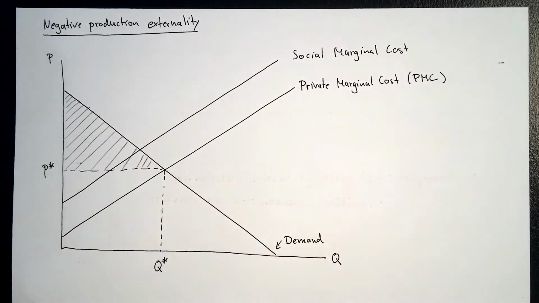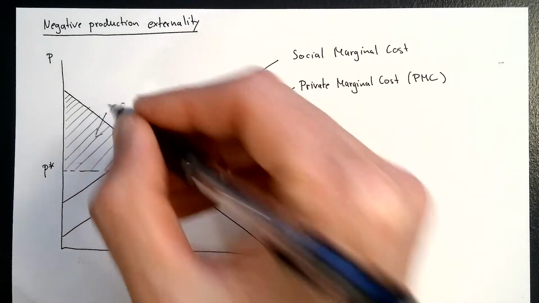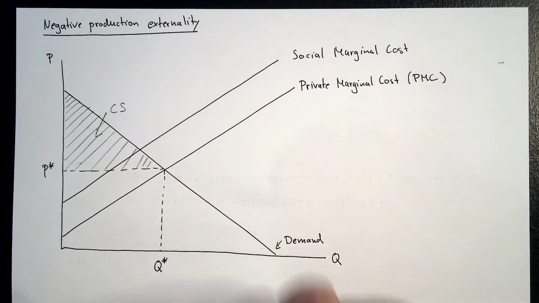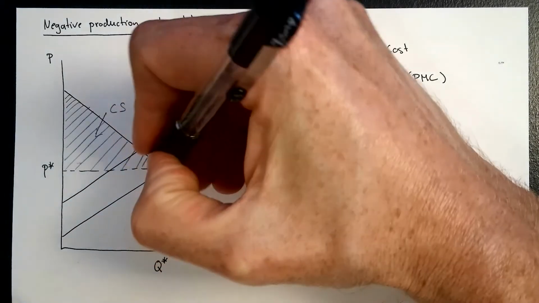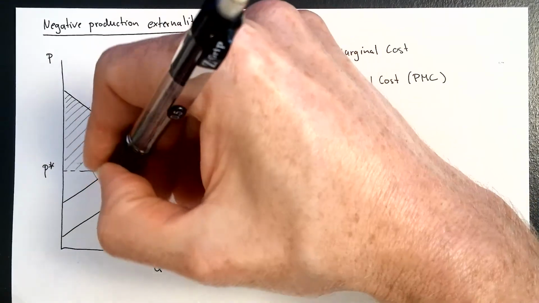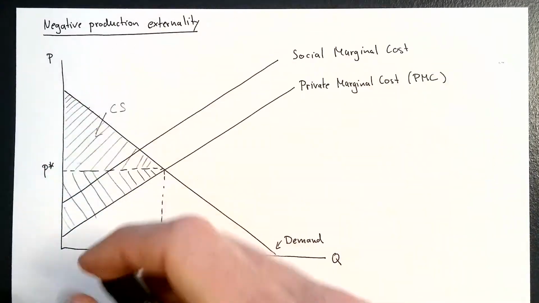This is what we have seen so far. So let me just call this consumer surplus. We will soon see that it is not quite as straightforward. And the producer surplus is the area below the price and above the private marginal cost. So this area here represents the producer surplus.